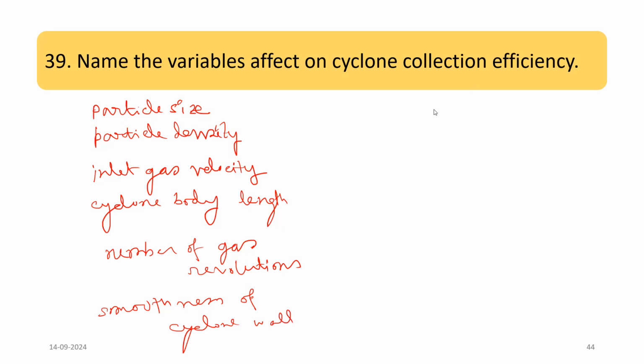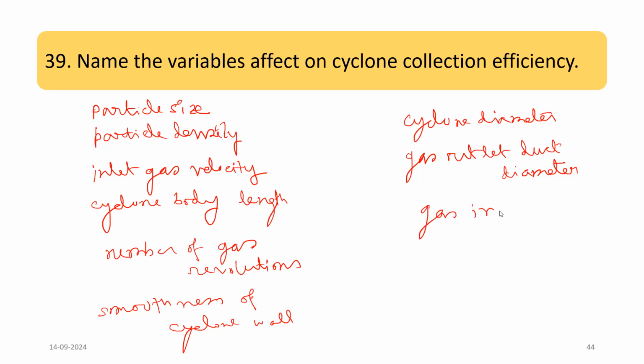Another list is cyclone diameter, then gas outlet duct diameter, then gas inlet area.